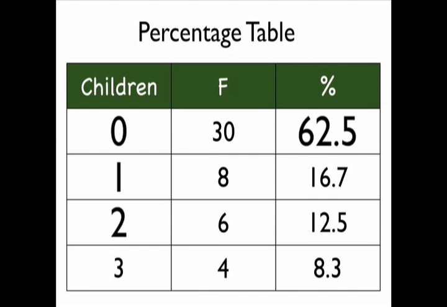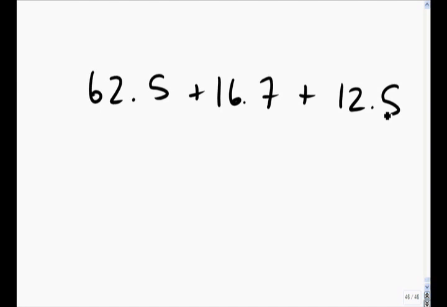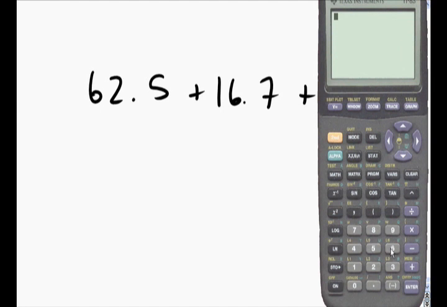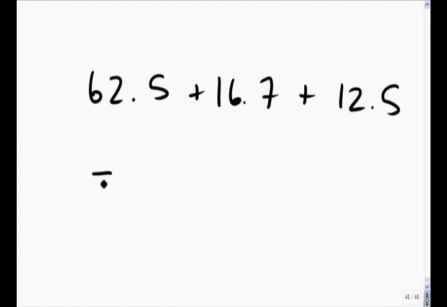The 62.5, the 16.7 added with 12.5 will be our answer. 62.5 plus 16.7 plus 12.5 is 91.7. 91.7% of the class has no more than 2 children.